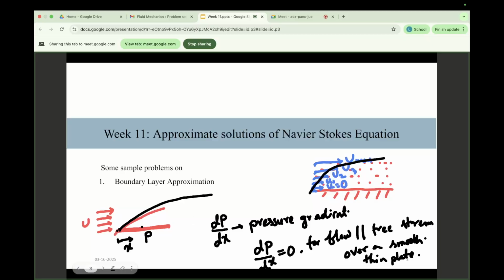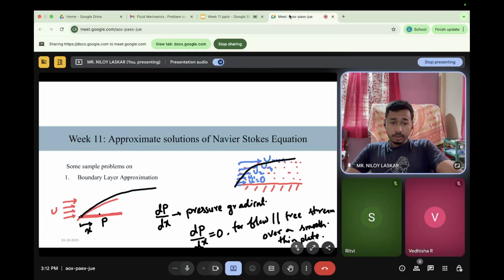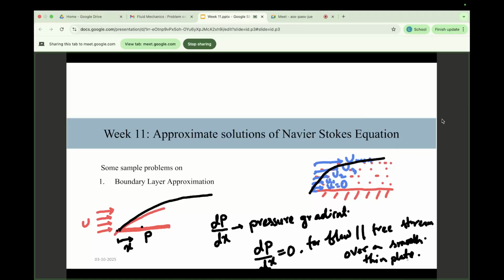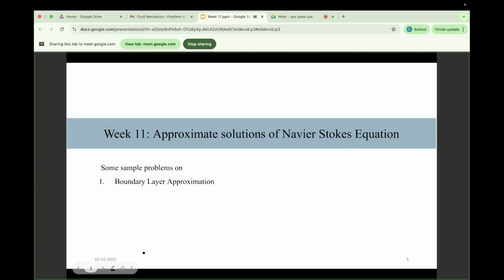Okay, that is for a flat surface, right? Now I will be talking about a curved surface. Any confusion up to this? So that is for a flat surface. Now I will be talking about what will happen in a curved surface.